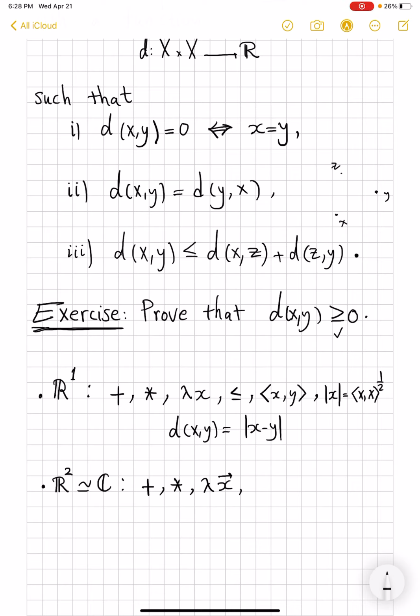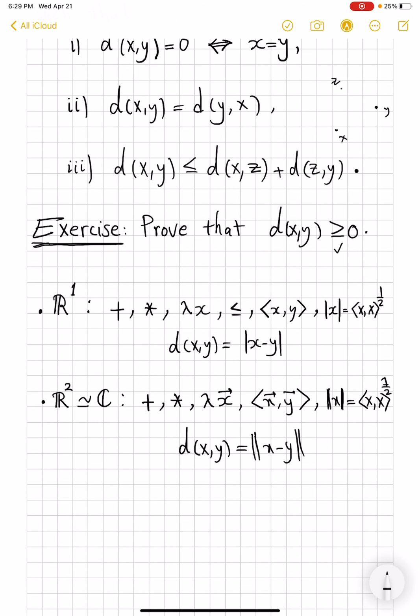You still have a notion of dot product of two vectors, which leads to a notion of norm by dot producting two vectors and then taking the square root. And then again there is the notion of distance coming from subtracting x, y and then taking the norm.